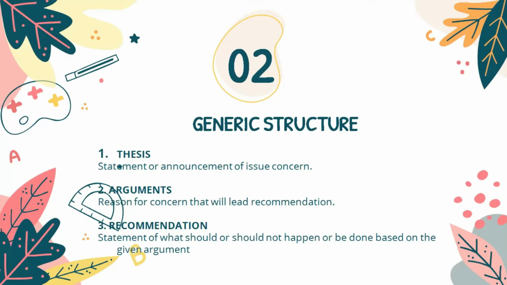Recommendation is a statement of what should or shouldn't happen or be done based on the given argument. This recommendation is the end of the hortatory exposition text that usually contains the author's invitation to do something or not.